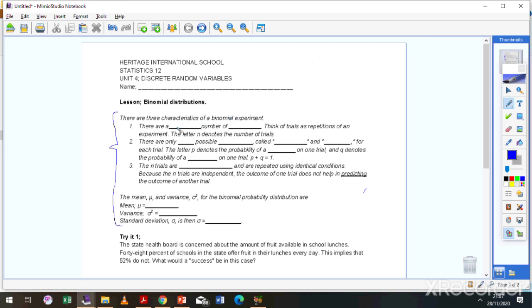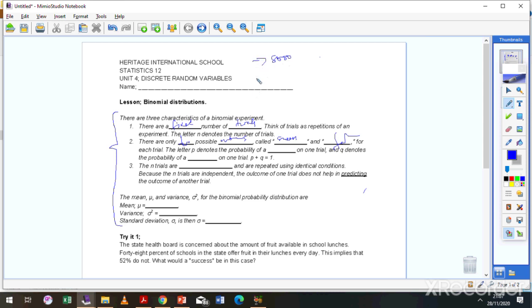So the characteristics of a binomial experiment: you have a fixed number of trials, and there are only two possible outcomes, and those outcomes are called success or failure. Imagine you are tossing a coin 8,000 times. So you have a fixed number of trials, which is 8,000.